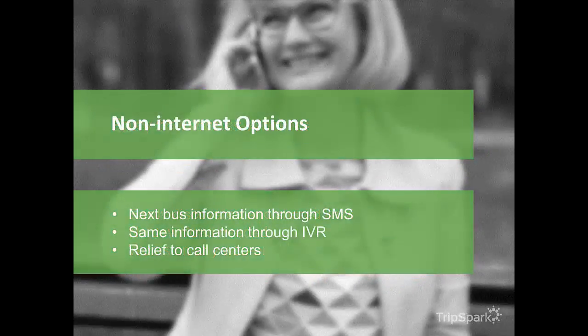Since not everyone has a smartphone or a mobile data plan, riders can also get real-time bus information by sending a stop code through SMS. If SMS isn't an option, the same information can be obtained by calling MyRide IVR. An important feature of MyRide is that each time a new schedule is posted, that schedule is automatically available to MyRide with no intervention required.